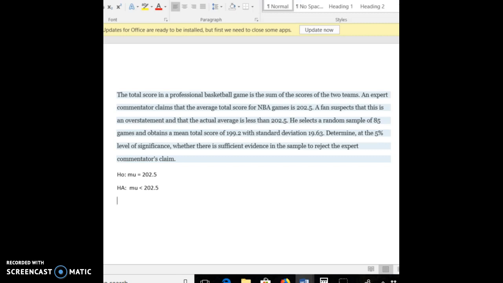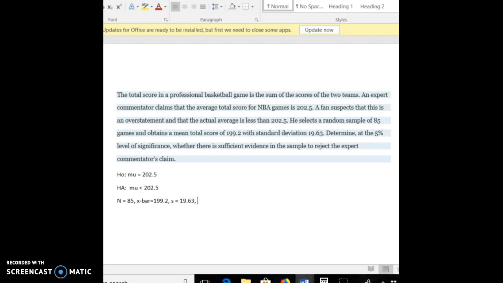Okay, but right now, let's identify everything that we have. We have that there are 85 in our sample, and x bar, again, I'm just typing it rather than looking it up because it takes a little longer to do that. Our sample mean is 199.2, and our standard deviation is 19.63.